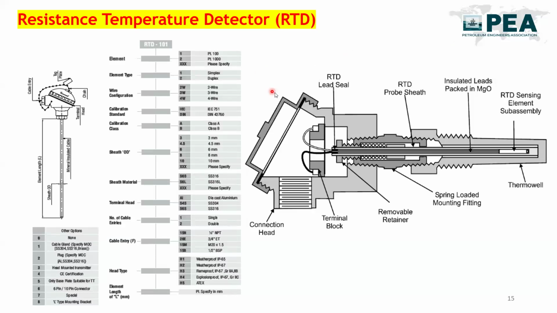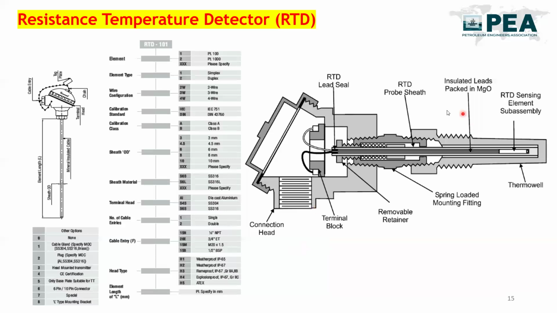But if the signal of the RTD goes to a transmitter, then once the signal reaches the transmitter, it will be a conventional system signal. The transmitter signal will be connected to any nearby JB, and that JB will be connected to the control system, and no such card is required at the control system. So the convention depends upon us, on how we are going to select the RTD connections in the project.